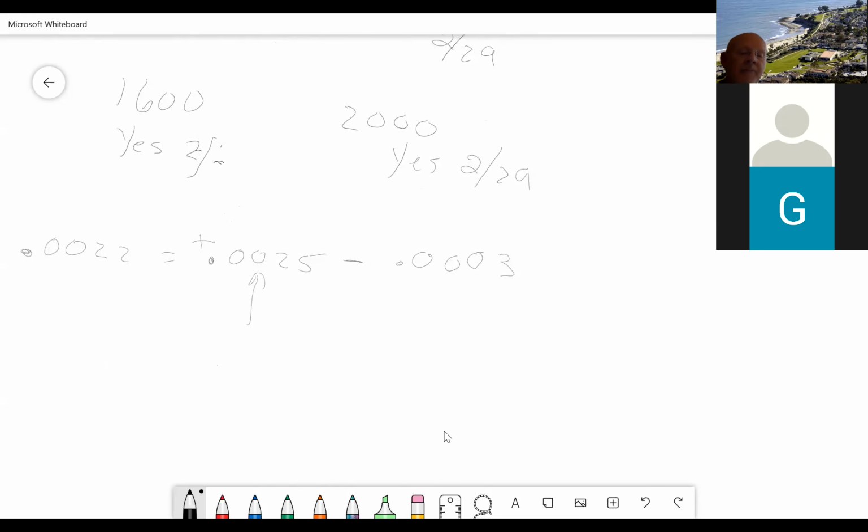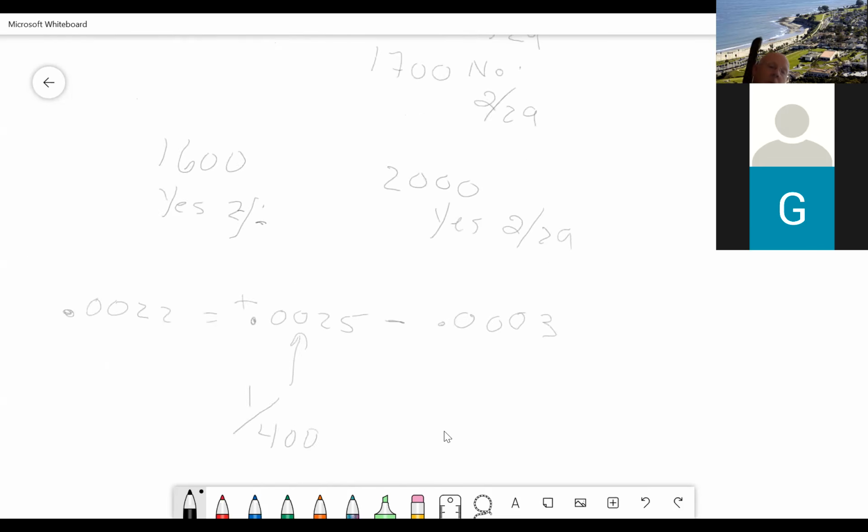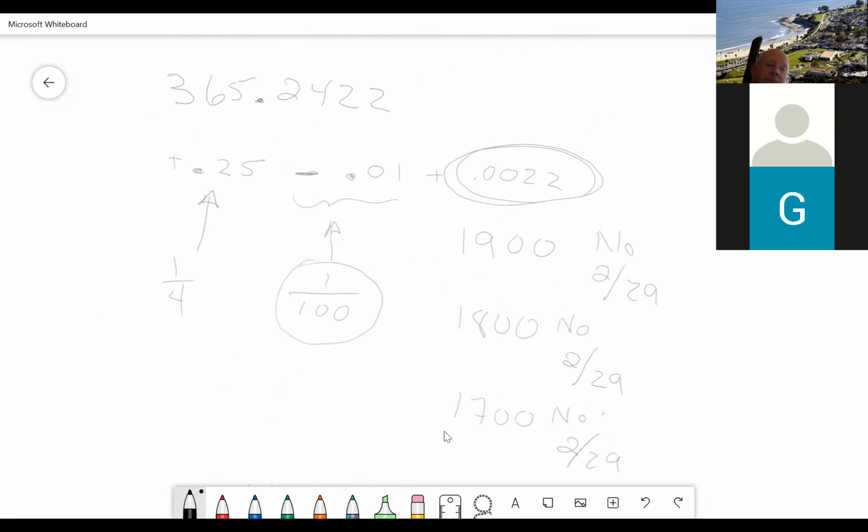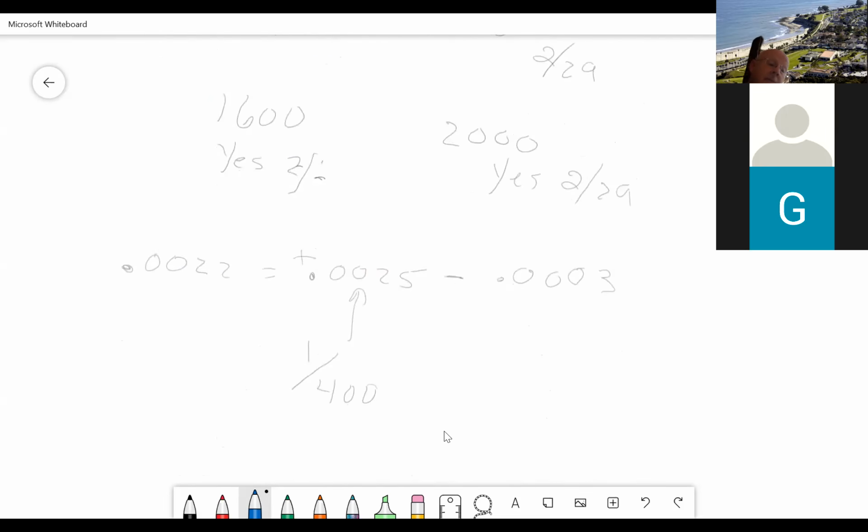That number is 1/400. And so what we do with our crazy calendar is right here, we put in an extra day, February 29th, one every 4 years. But every 100 years, we take it away. But then we add it back every 400 years.